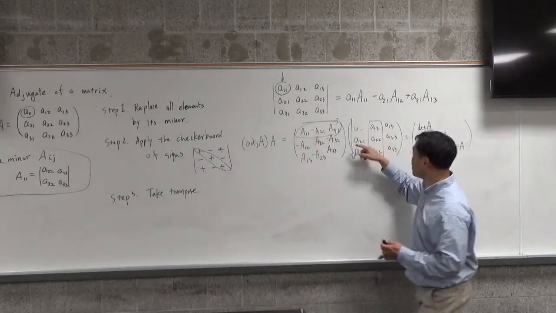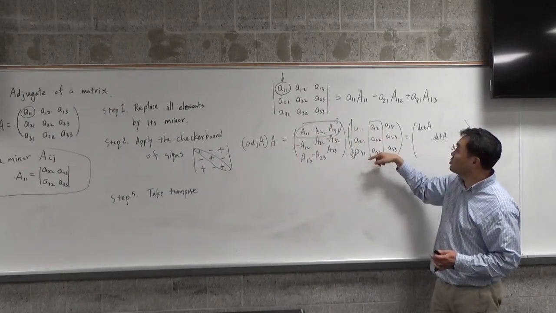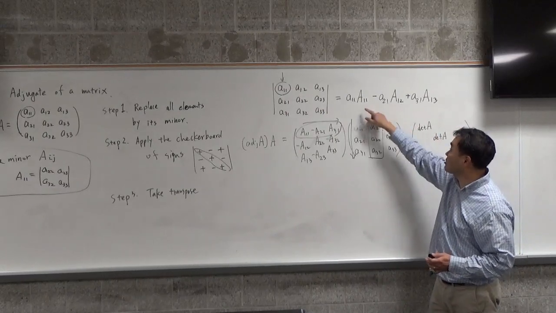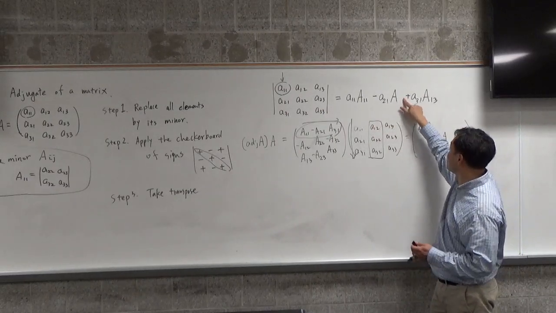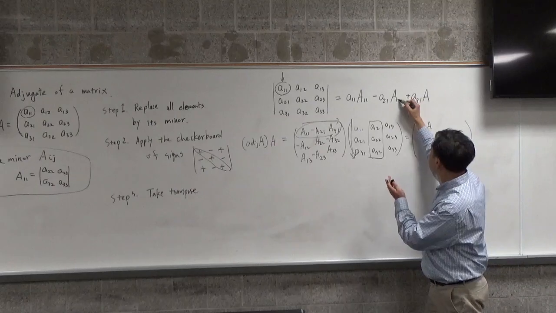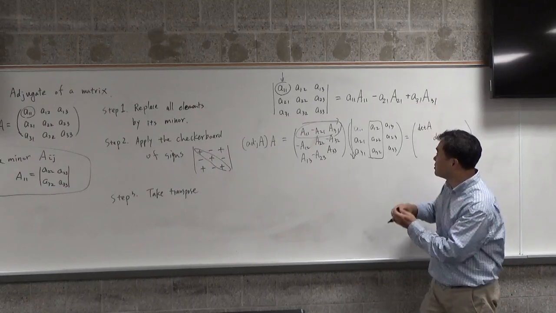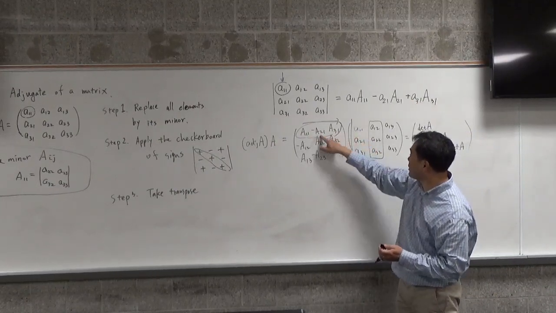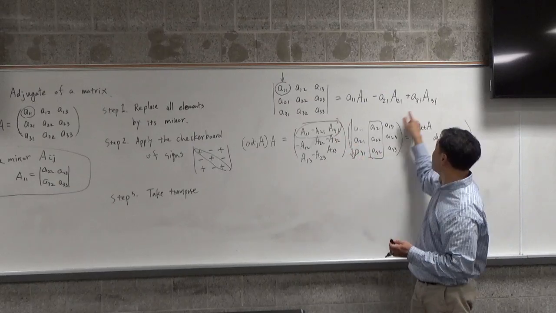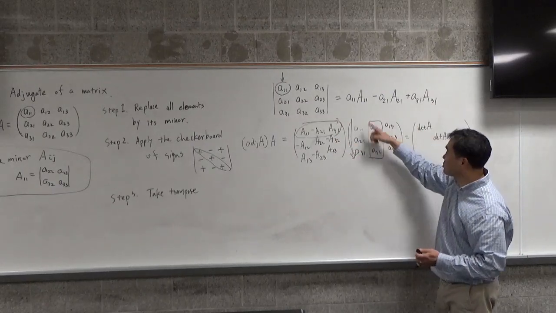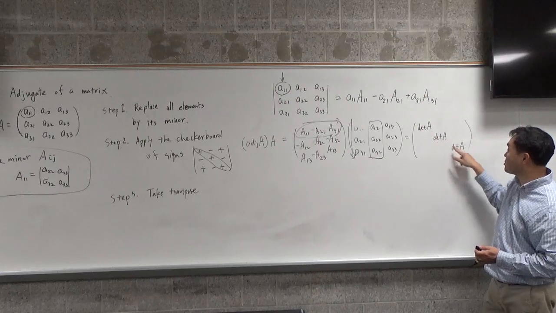But now I can think of this: this times this will be exactly the same as the column expansion, 2, 1. It's A11, A11, A21, A21, A31, A31. Exactly the same as this one, right? So again, for the same reason, it will be determinant A, determinant A.